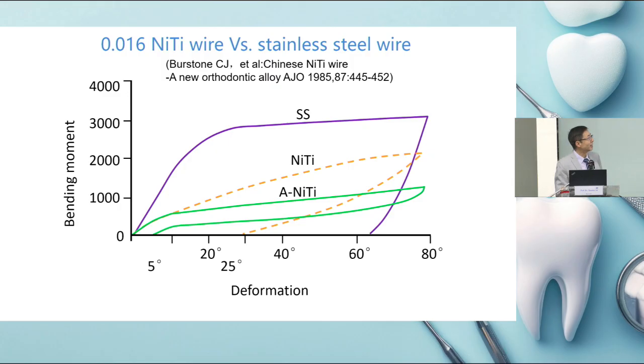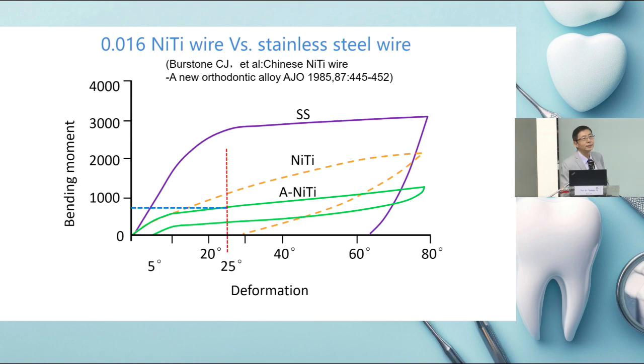Now, let's compare Chinese nitinol and stainless steel. We find 25 degrees here. This is 40, 20, 30. This should be 25, right? Then we know the bending moment is about 700. This is 1,000.